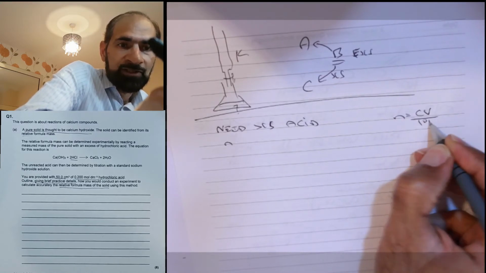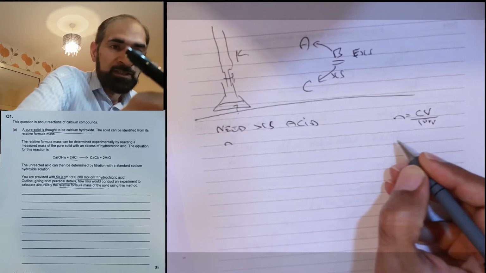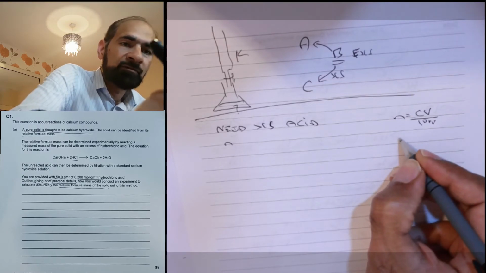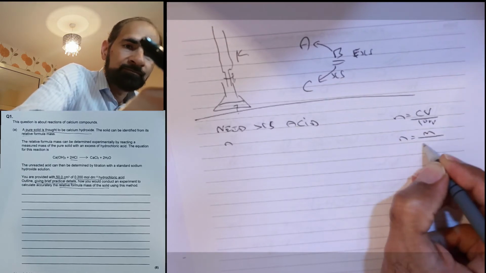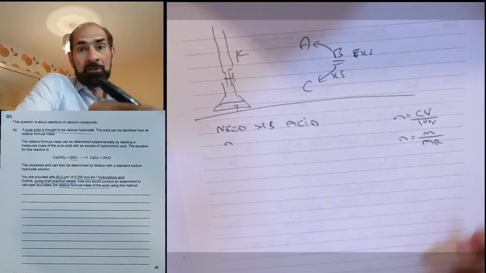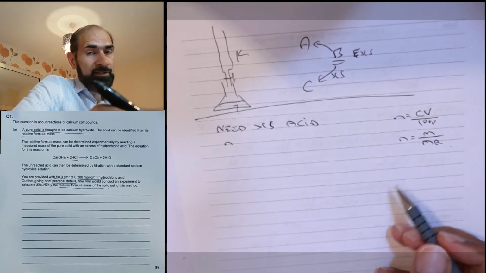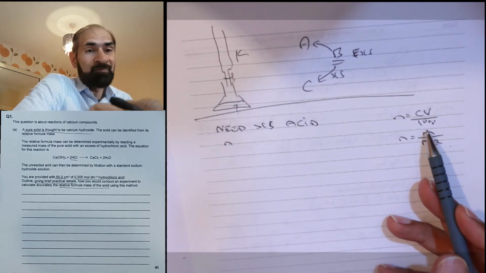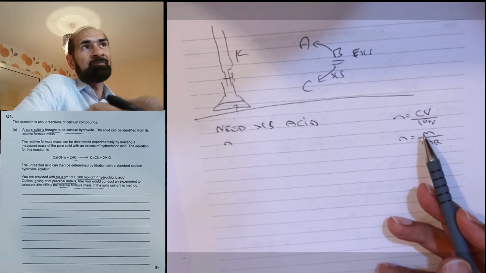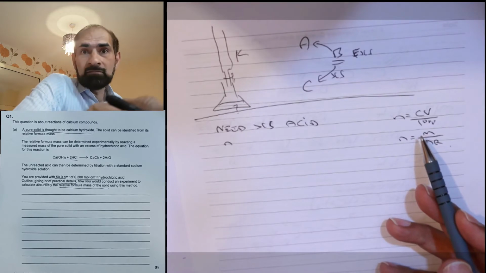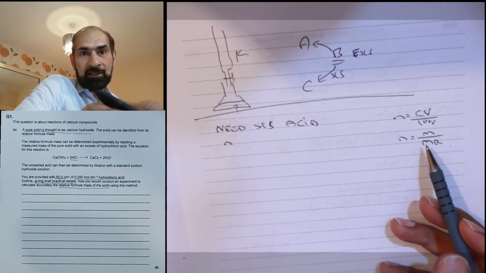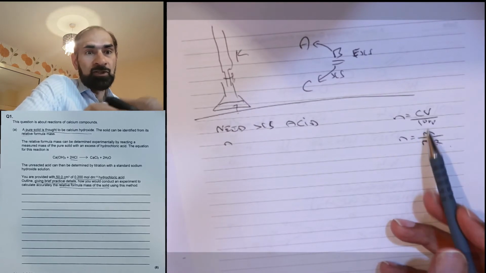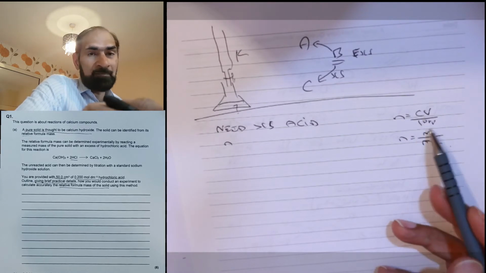The second equation is number of moles equals mass over Mr. As you will see, I will be using both of these. These are your bread and butter equations, so learn how to use them. This is a year 1 amount of substance type topic, so you will need to know these and learn how to rearrange them.